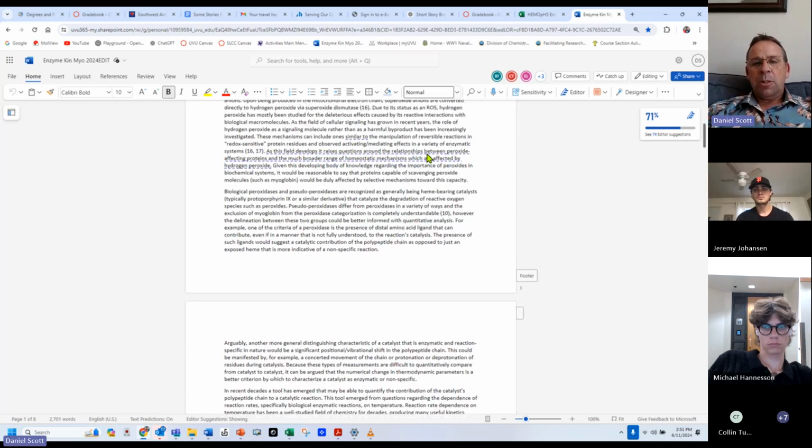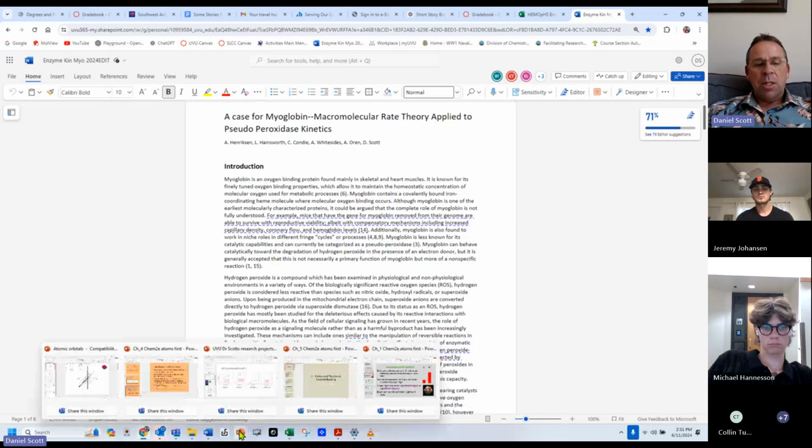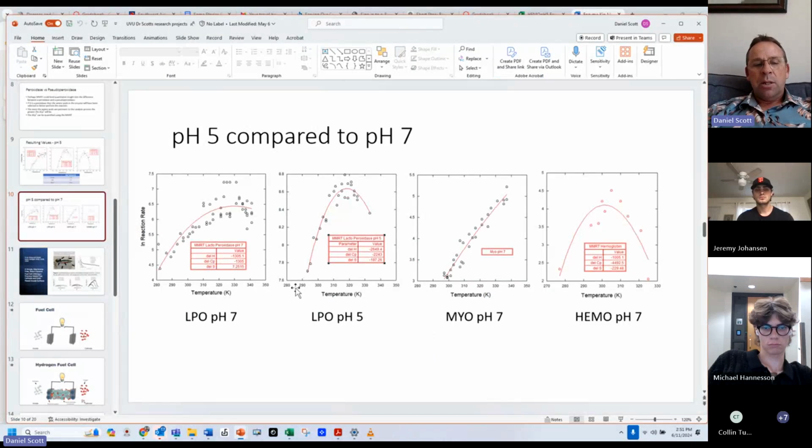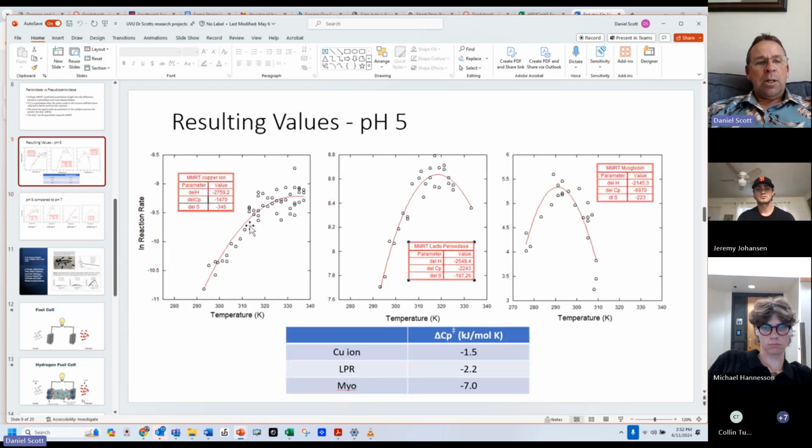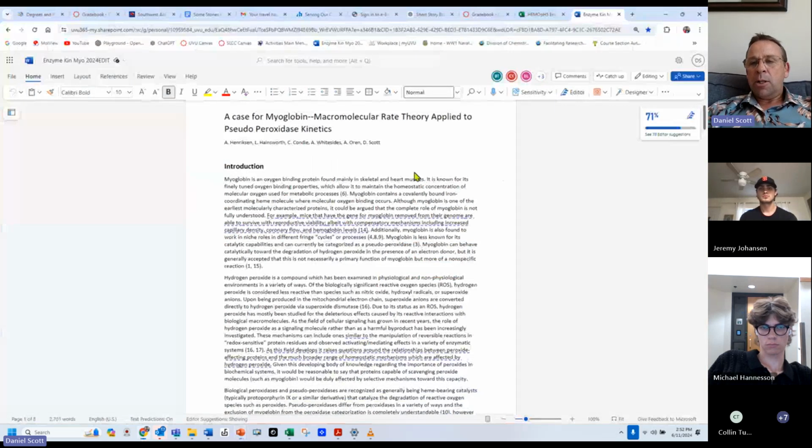I want to be able to submit this somewhere, whether that be with the data that we already have, which would be just lipo pH 7, myo pH 7, lipo pH 5, which I think is this right here. Oh, the copper ion pH 5. This is lipo pH 5, and then the myoglobin pH 5. So we have enough data, I feel, to submit regardless, and I want to keep on track.